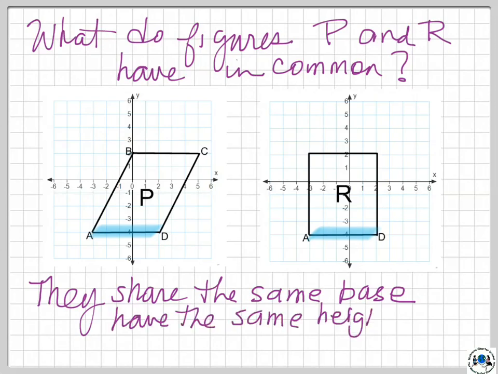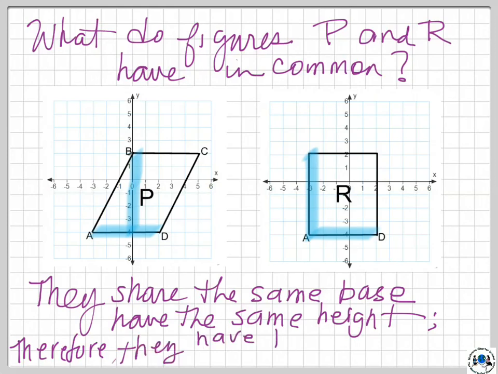And they have the same height. They are both 6 units high, stretching between the same two y values. Therefore, they have the same area, and that area was 30 square units.